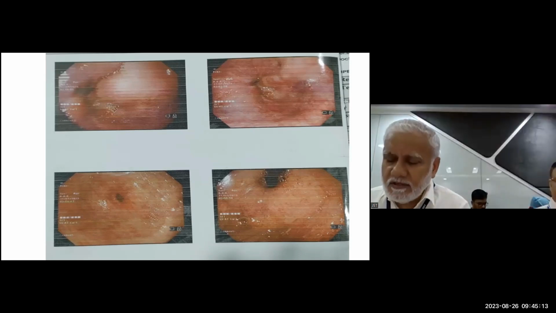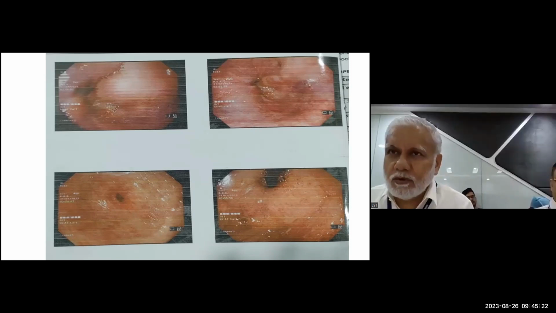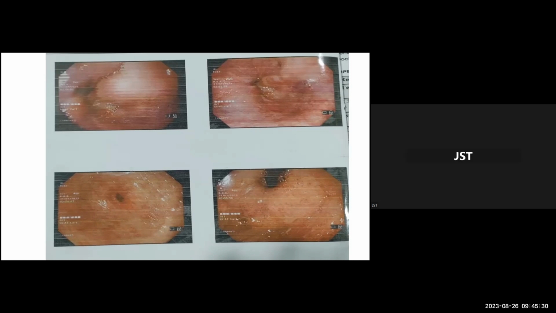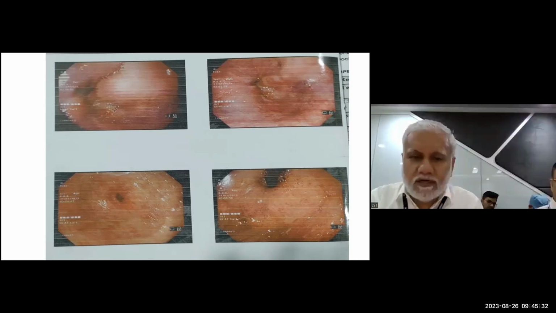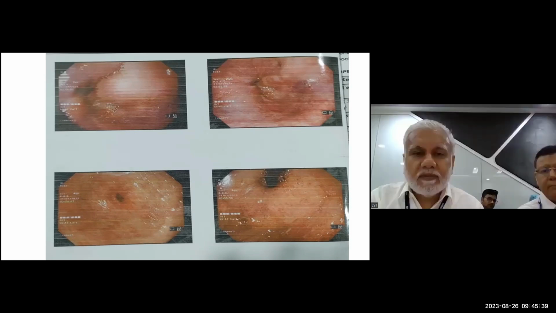But with this approach, if the disease is fairly advanced, there is a risk that either your proximal or distal margin may be positive. On the other hand, you could have a very aggressive approach where some groups would do even a subtotal esophagectomy and even a total gastrectomy and use a colonic conduit to take to the neck.